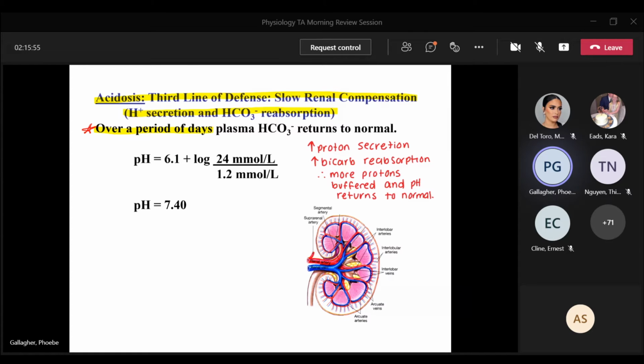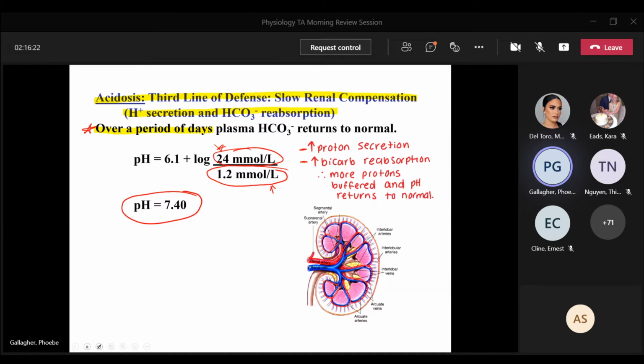Your kidney is going to increase proton secretion, and it's also going to increase bicarb reabsorption. Those two actions together are going to get your levels back to normal. So these are the two normal values. This is your normal bicarb concentration, and this is your normal CO2 concentration. Together that will get your pH back to 7.4.